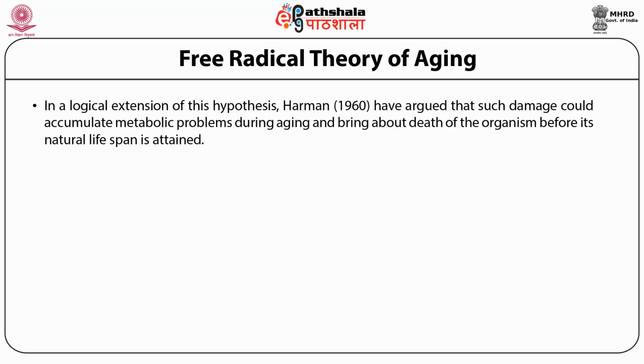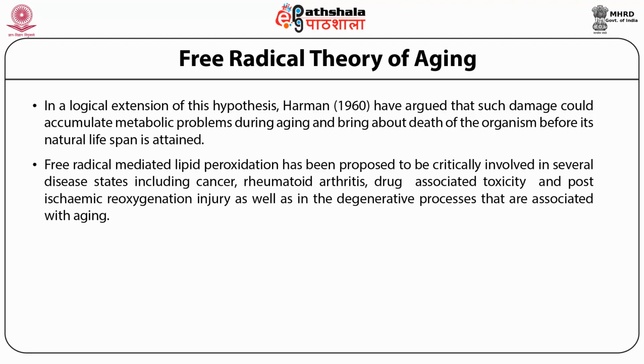Free radical reactions are implicated in a growing number of disorders, including two major diseases, cancer and atherosclerosis. Free radical mediated lipid peroxidation has been proposed to be critically involved in several disease states, including cancer, arthritis, drug associated toxicity, and post-ischemic reoxygenation injury, as well as in the degenerative processes associated with aging.